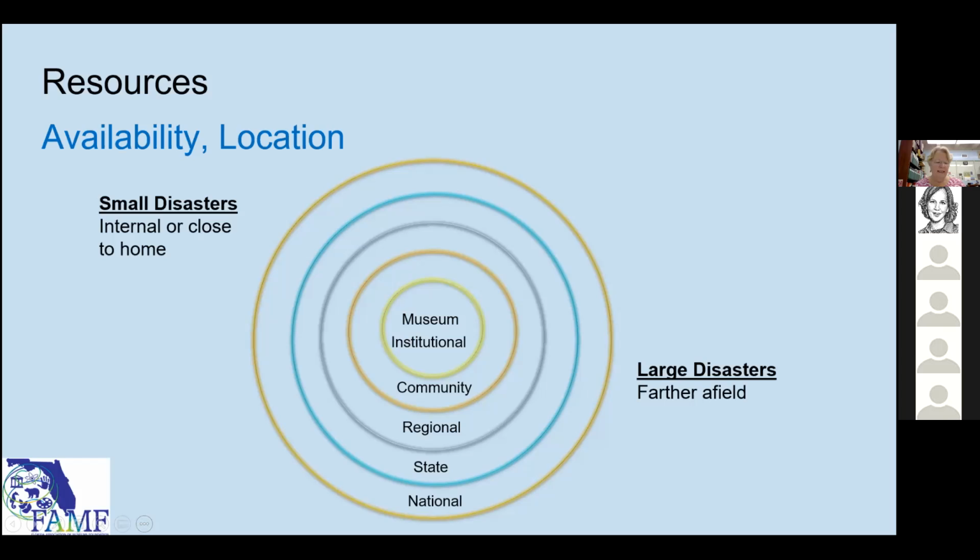Moderate to larger sized events that impact the entire institution require that resources be garnered from the community, region, or even the state. Community-wide or regional disasters require that resources be procured from the state, region, or even at the national level.